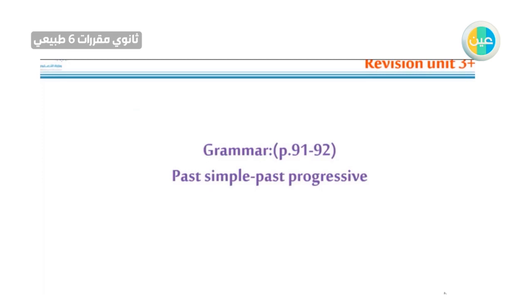When do we use past simple? We use past to talk or express actions that happened in the past at a specific time. We have a specific time for this action, like yesterday, last year, 1992.